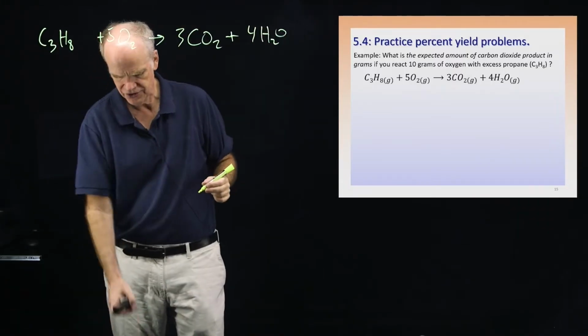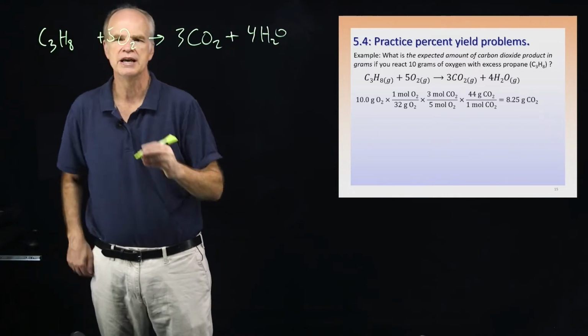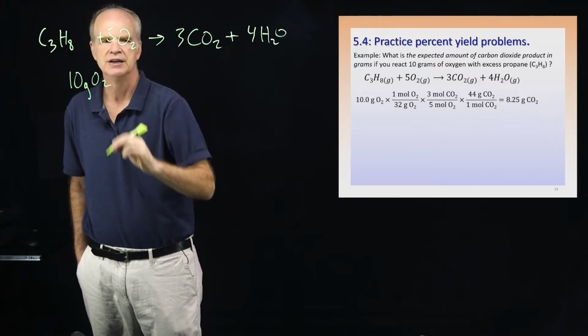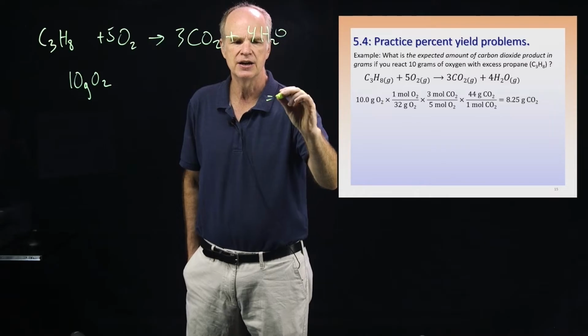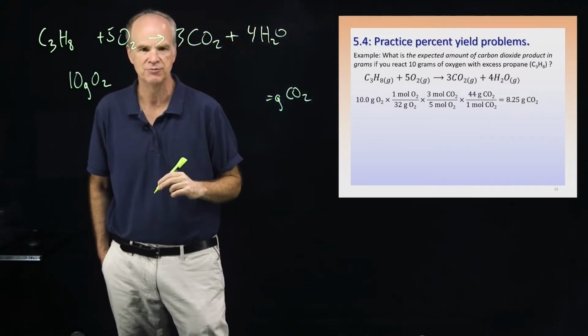So one question we can ask ourselves is this. Let's say we have 10 grams of oxygen, and maybe we're curious to see how many grams of CO2, or carbon dioxide, you would get from that.